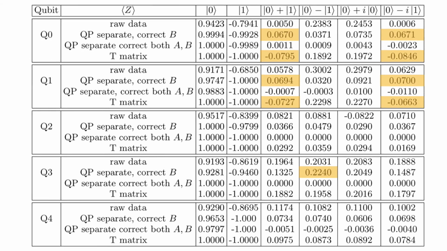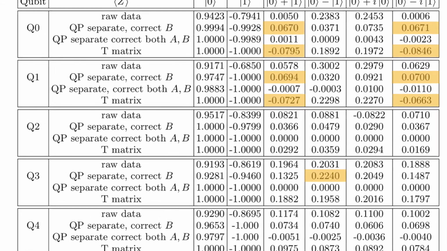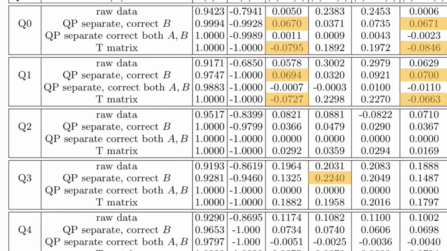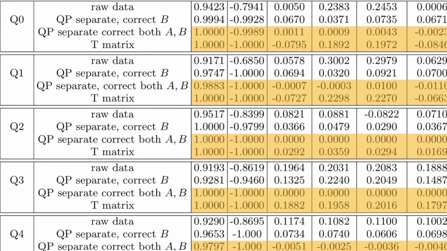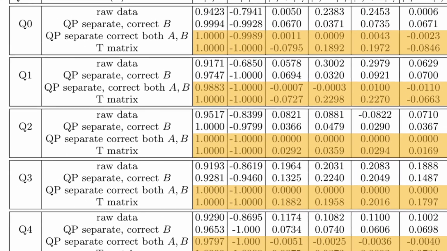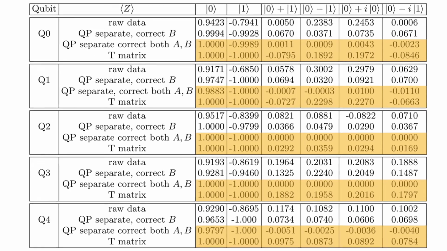It is actually interesting that when such a thing happens to quasi-probability decomposition, the transition matrix also performs badly, but overall, quasi-probability decomposition can show a clear advantage over the transition matrix.